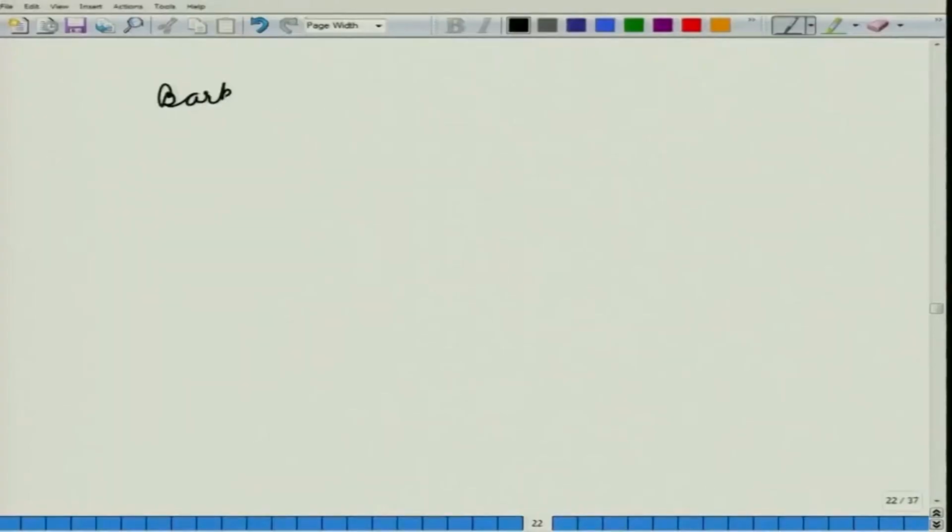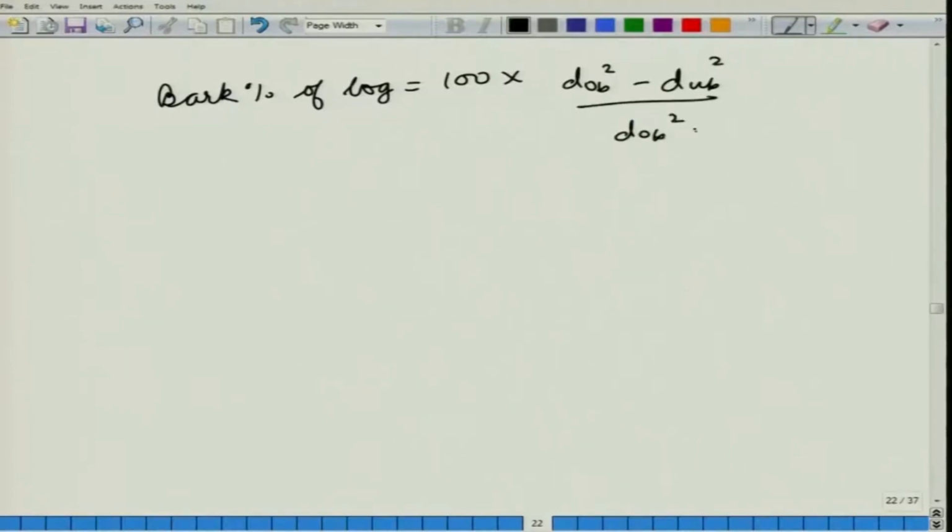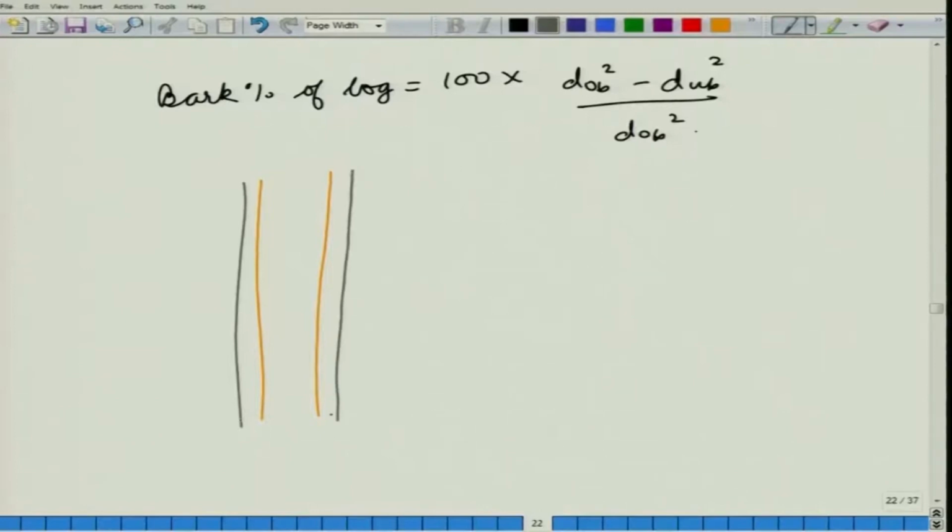Now, we have this equation: bark percentage of log is equal to 100 times (DOB square minus DUB square) divided by DOB square. Now, can we derive this relationship? Well, it is very easy. Suppose you have a tree that has bark all around it. If we looked at a cross section, it would look something like this.